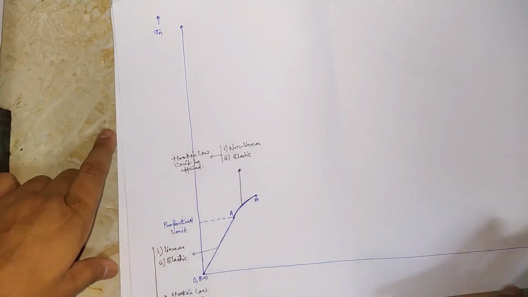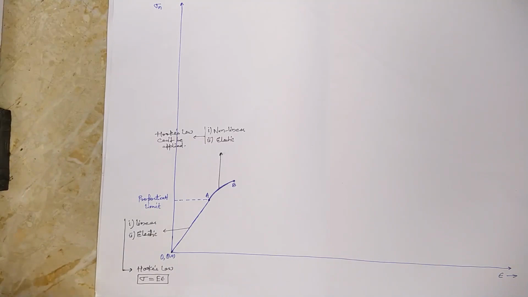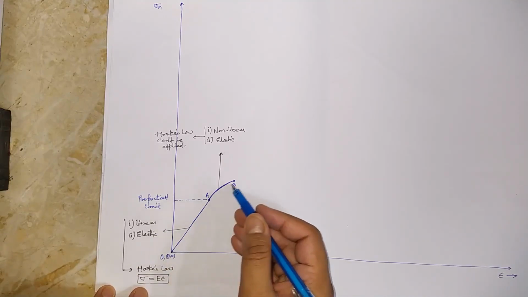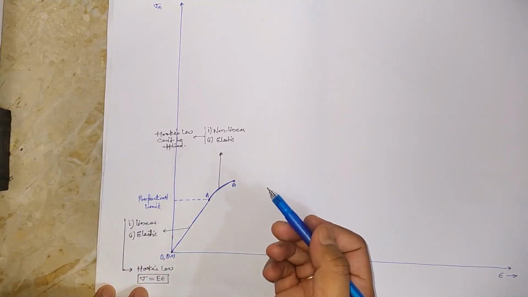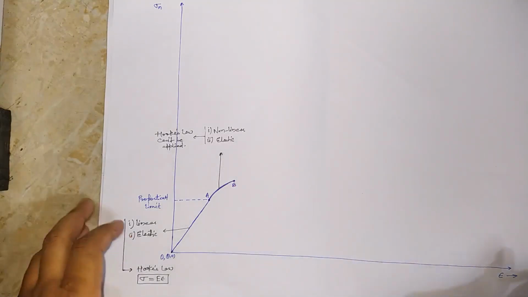So here we derive an important conclusion that Hooke's law can be applied only in the linear elastic part of the curve and cannot be applied in the non-linear part of the curve even though it is elastic. Okay, that we have to keep in mind.